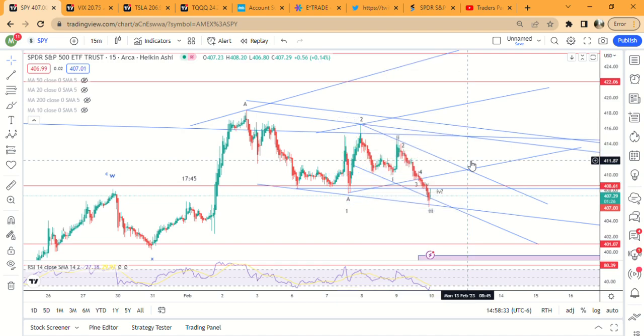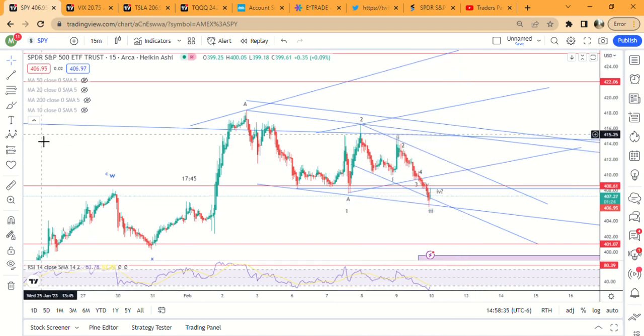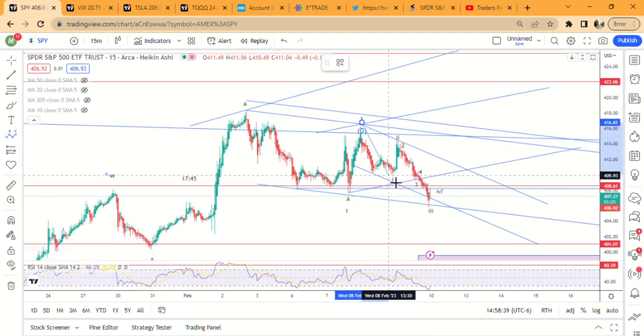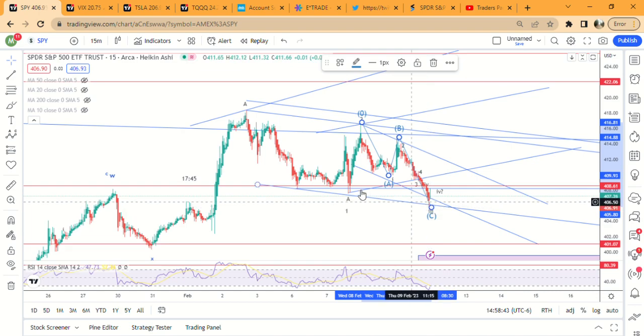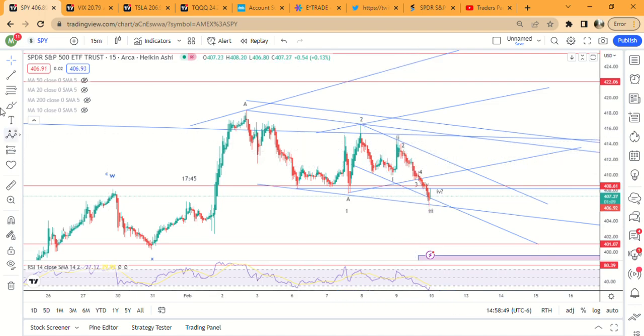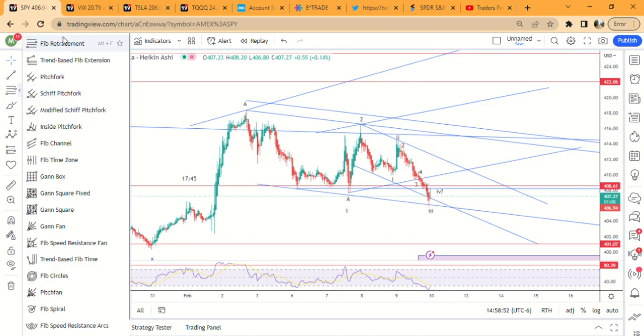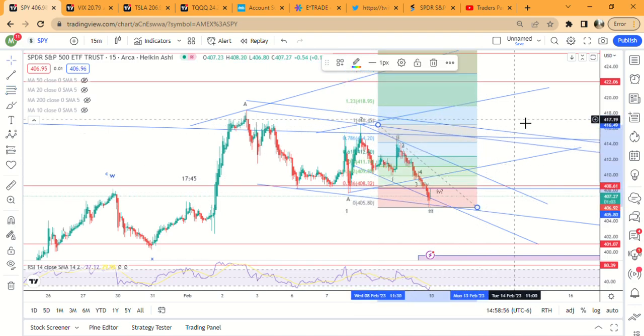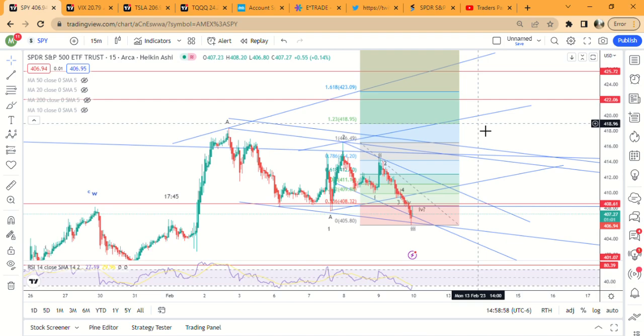It's valid because this is A, B, and C, hits the 1.61 fib, doesn't go past the 1.23 fib of the A wave, and so in this scenario, I'm looking for $418.96 all the way up to $423.